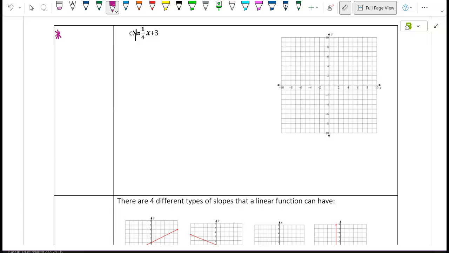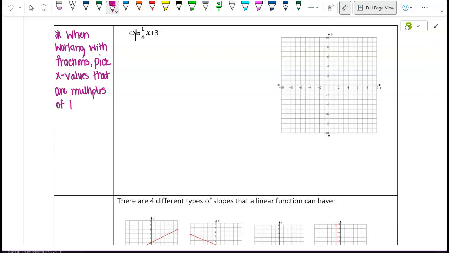When working with fractions, pick x values that are multiples of the denominator.